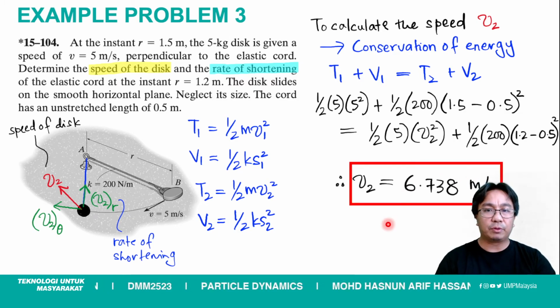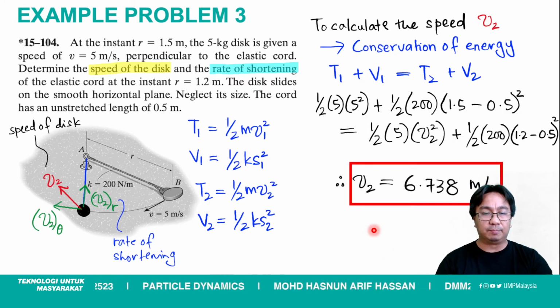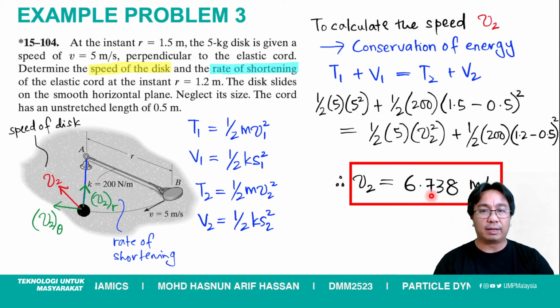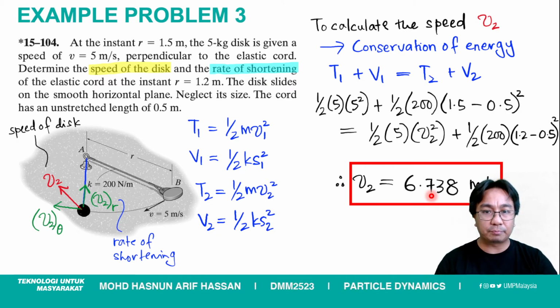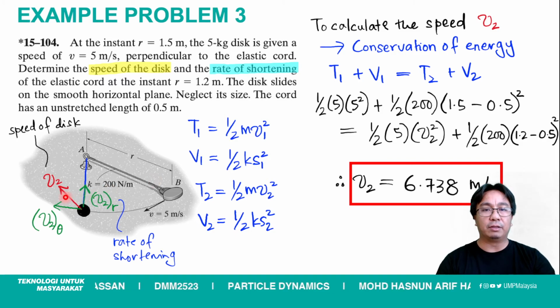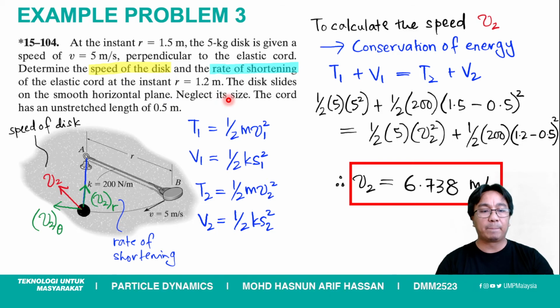Finally, you will get v2 equal to 6.738 meters per second. This is the speed of the disk when r equals 1.2 meters.